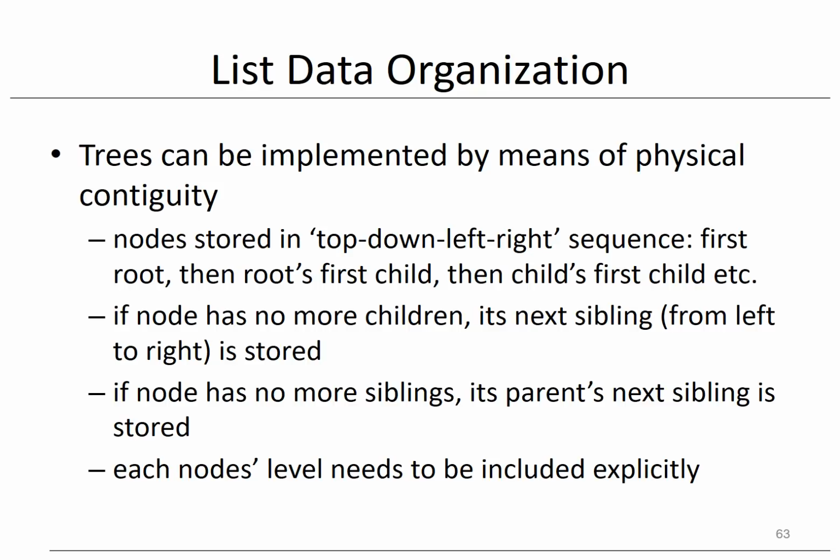If a node has no more siblings, its parent's next sibling is stored. In order to reconstruct the tree structure, each node's level needs to be included explicitly, because the physical contiguity of two nodes doesn't discriminate between a parent-child and sibling-sibling relationship.